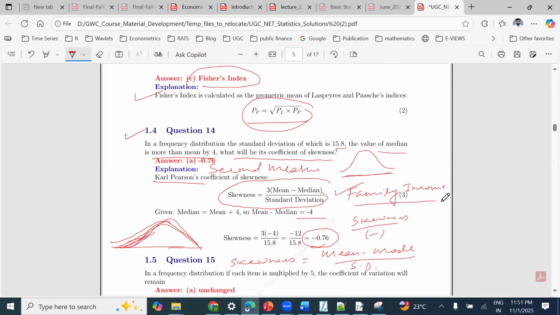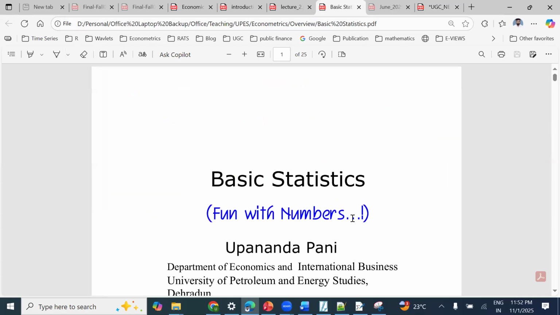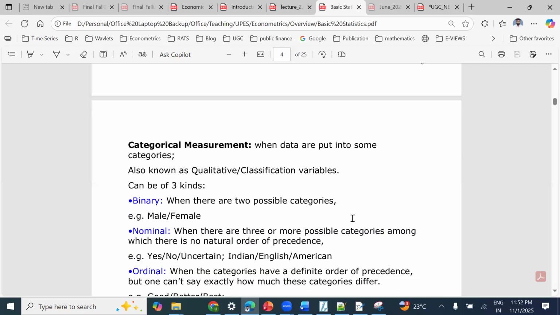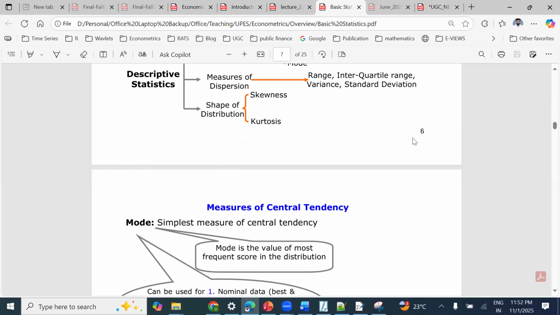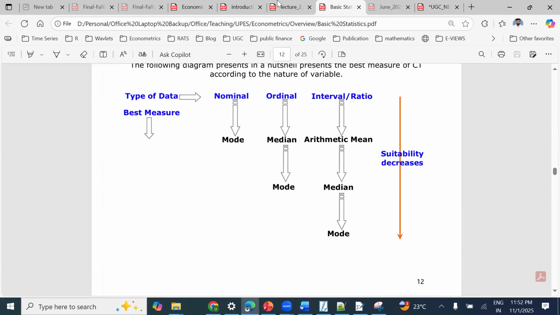Sir, did we answer it correctly? Which one, regarding the application question? Yes, sir. I can show you what exactly we discussed yesterday, then you will relate it.